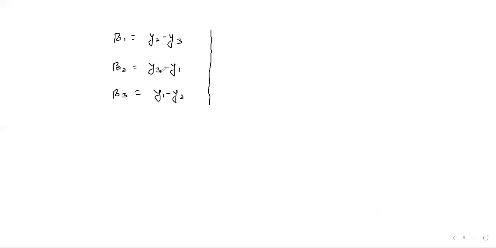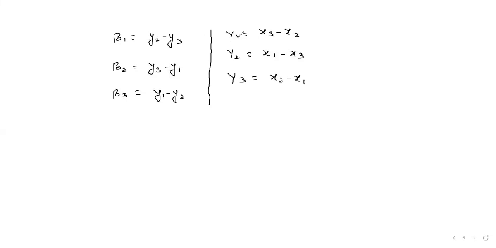Then gamma 1 is going to be x3 minus x2. Gamma 2 will be x1 minus x3, and gamma 3 will be x2 minus x1. Just opposite. If you remember this, just reverse it. This is y2 minus y3, so 3 becomes first and 2 becomes last.